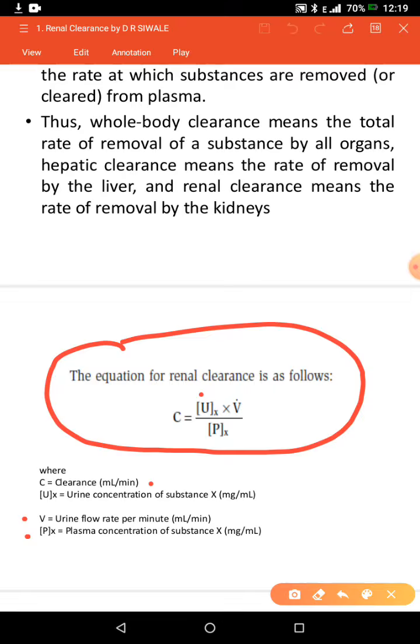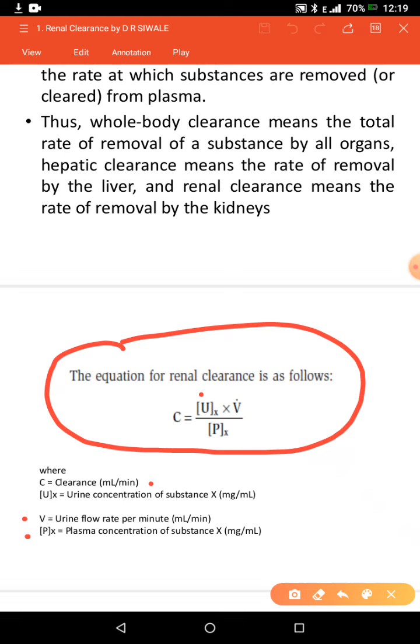So this is a formula that you can use to find the clearance, the rate at which a particular substance is removed by the kidneys. When this substance is being removed, it passes into urine and it is excreted from the body.